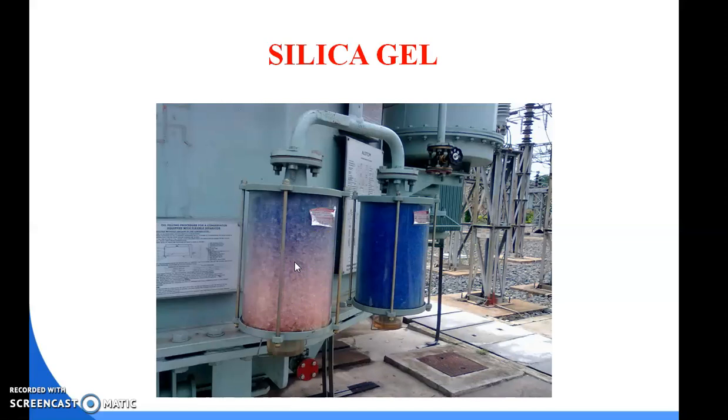This is one of the important things we will discuss in the next class. What is actually silica gel? It absorbs moisture and converts from blue to pale pink color.